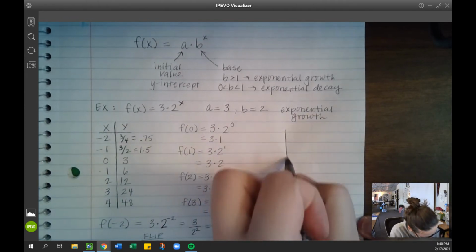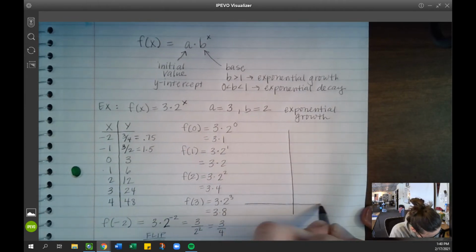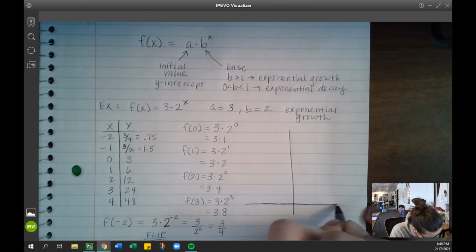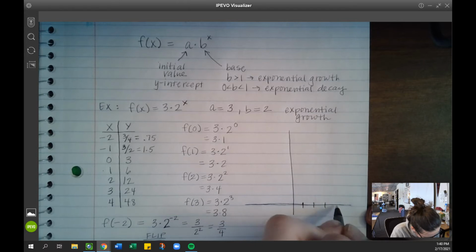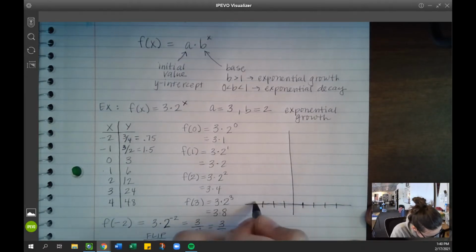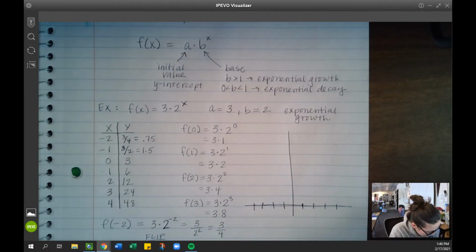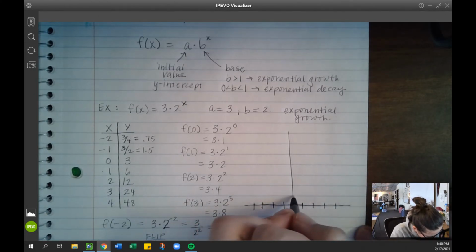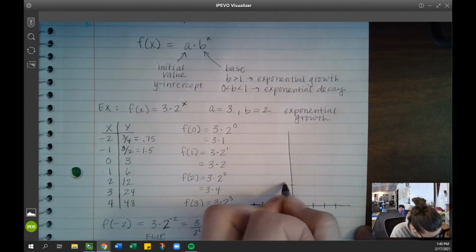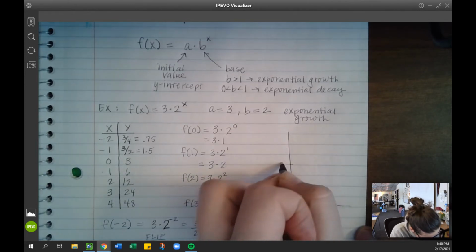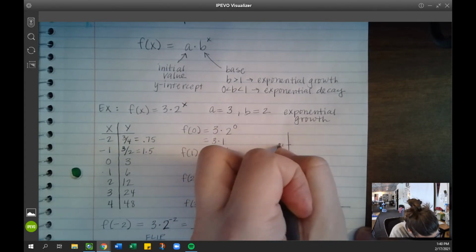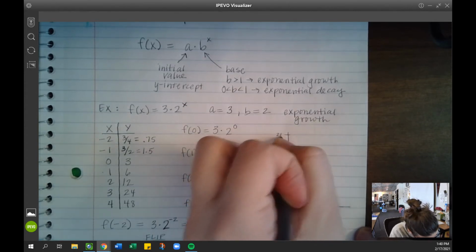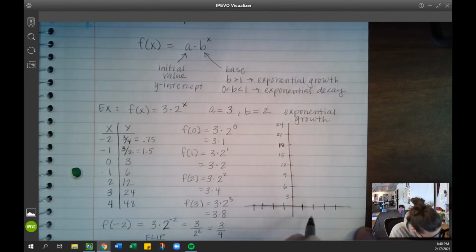So when you make your graph, I want you to make it like this, actually. 1, 2, 3, 4. 1, 2, 3, 4. And let's see here. We'll have each of these go by 3. 3, 6, 9, 12, 15, 18, 21, 24.